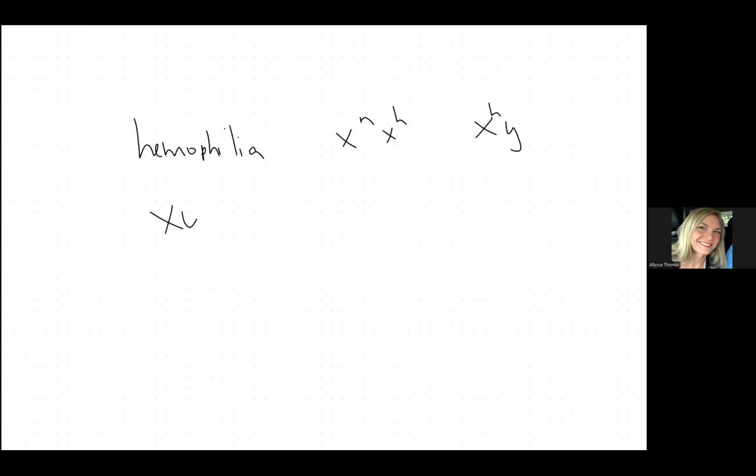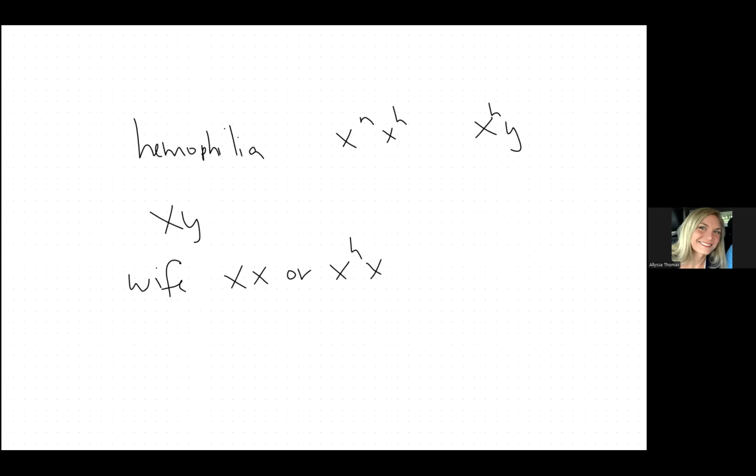And his wife also does not have hemophilia. So if she doesn't have it, she either looks like this or she looks like this. But here's the little piece. His son, Alexei, did develop the disease. Their boy does have hemophilia.